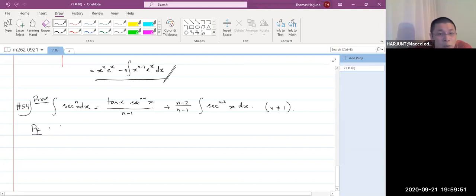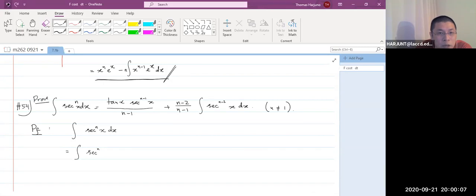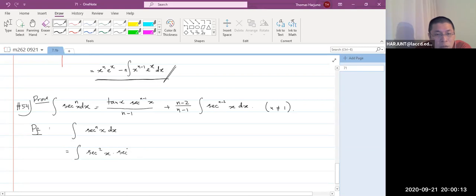Okay, the proof. I start with the integral of secant to the n of x dx. I will rewrite that as the integral of secant squared of x times secant to the n minus 2 of x dx.